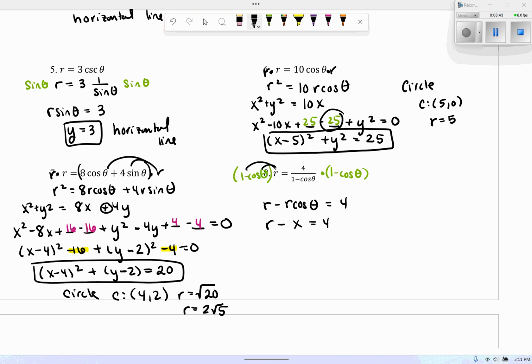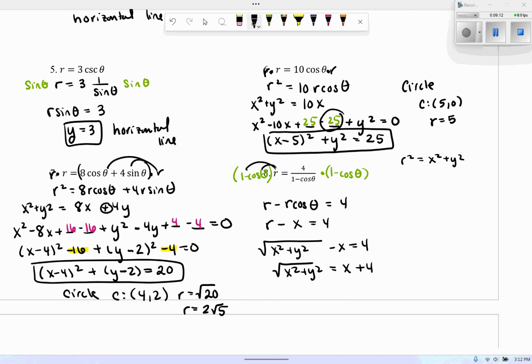And I can also take the r, and remember, we know r squared equals x squared plus y squared. So I can replace that with the square root. So this would be the square root of x squared plus y squared minus x equals 4. And I'm going to add the x to the other side, so it's x plus 4.